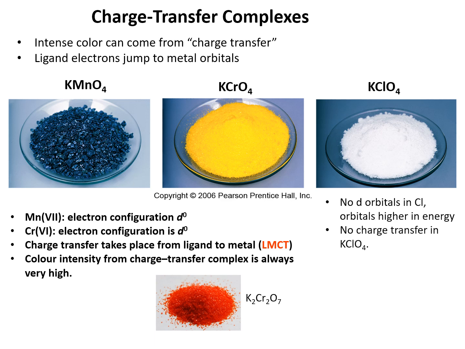However, Mn and Cr have d orbitals, so the ligand, that means O minus, can transfer its electrons from oxygen to the empty d levels of manganese and chromium. Due to this transition, they have an intense color.